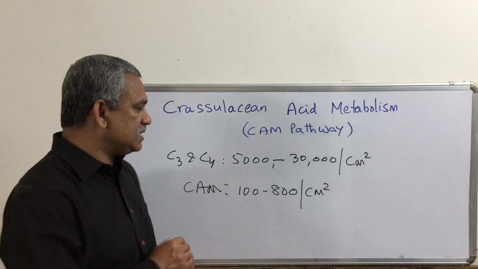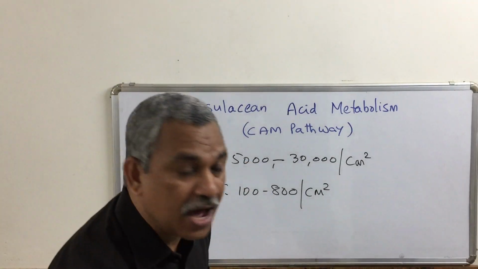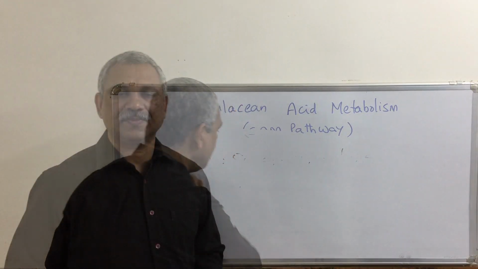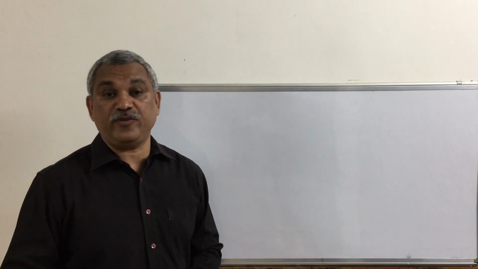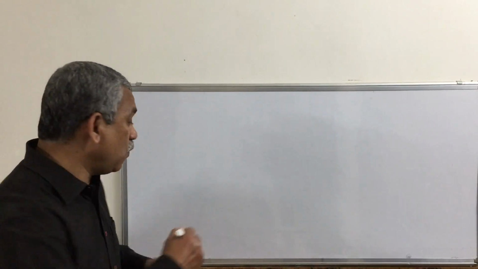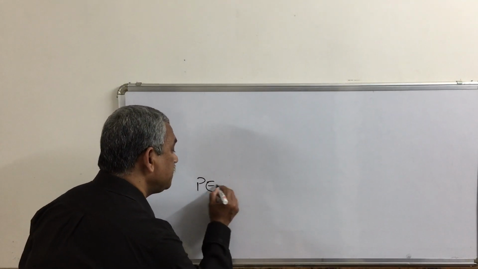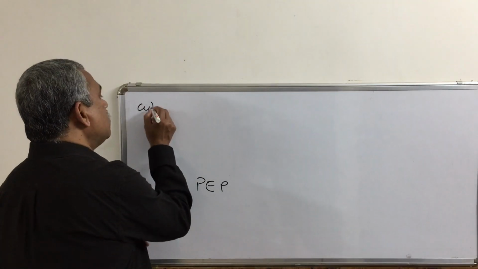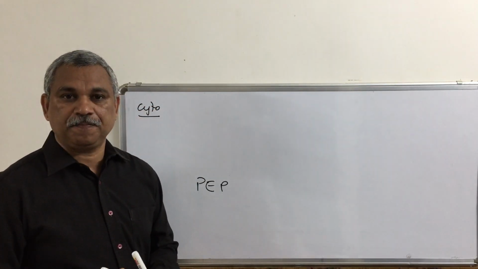Now we are going to look at how the CAM plants carry out carbon fixation. We begin the pathway with phosphoenolpyruvate, which is present in the cytoplasm of the plants.